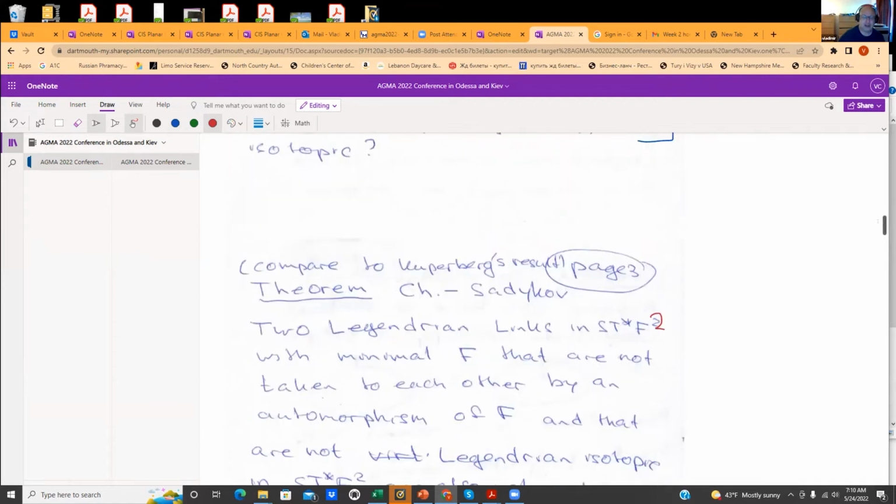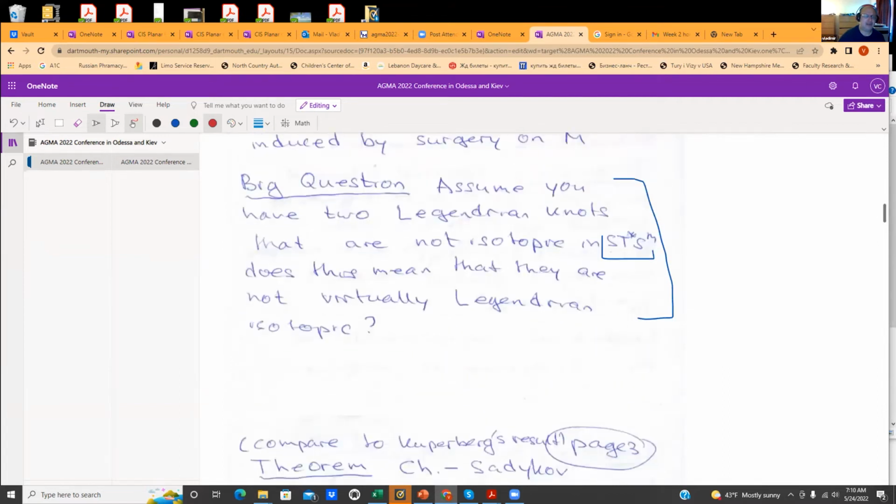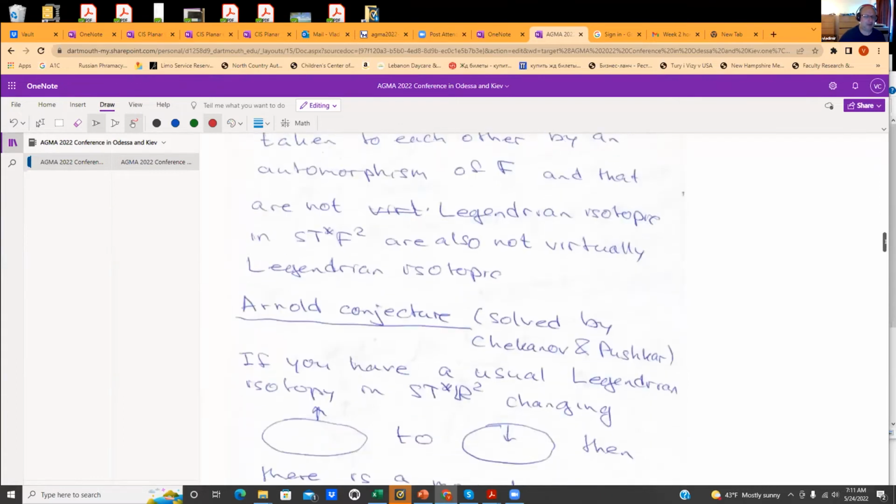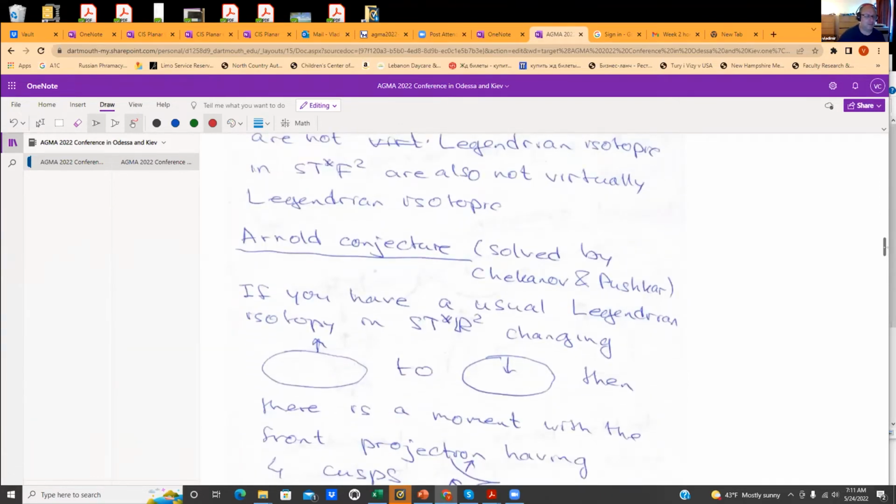In particular, the big question that I advertised, that two Legendrian knots being non-isotopic in the spherical cotangent bundle of the sphere implies that they're not isotopic as virtual Legendrian knots, was proved by us if the dimension of the sphere is 2. But we don't know how to prove it in high dimensions. And strictly speaking, we do not really have enough evidence to say that we are sure it is true. This is just what we suspect.